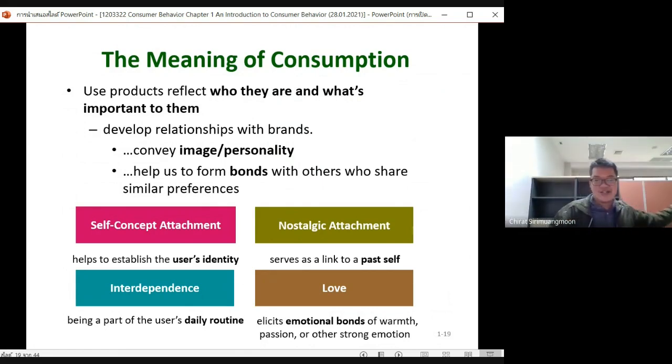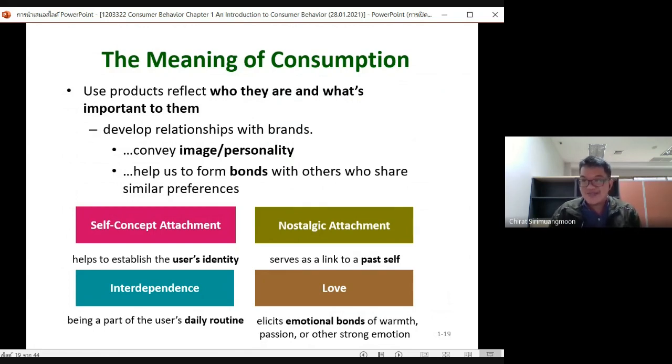Then interdependent can be any product that you use daily, every day. It can be a toothbrush, cups, or the car. This is interdependent.